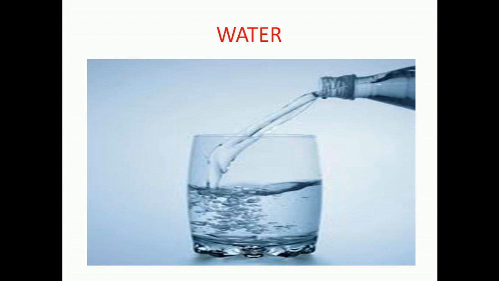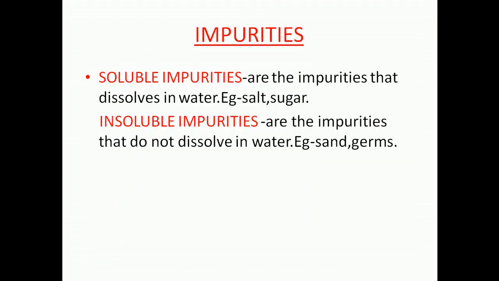The water that we use mainly comes from rivers, ponds, lakes and wells. Often sand, dirt, mud, germs, etc. make this water unfit for consumption. We call these substances impurities.